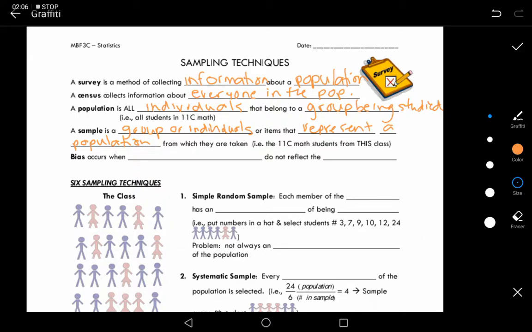So, for example, not all students that are taking grade 11 college math, but just this class of students that is taking grade 11 college math.